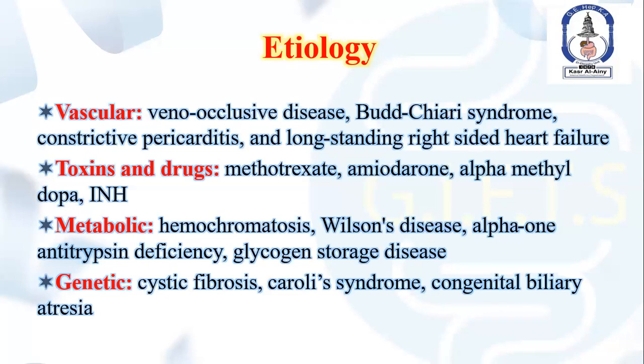Some metabolic disorders, and this is also going to be mentioned in another lecture, like hemochromatosis, Wilson's disease, alpha-1 antitrypsin deficiency, and glycogen storage diseases. And lastly, some genetic disorders like cystic fibrosis, Crowley syndrome, and congenital biliary atresia. So these are the etiologic factors for liver cirrhosis.